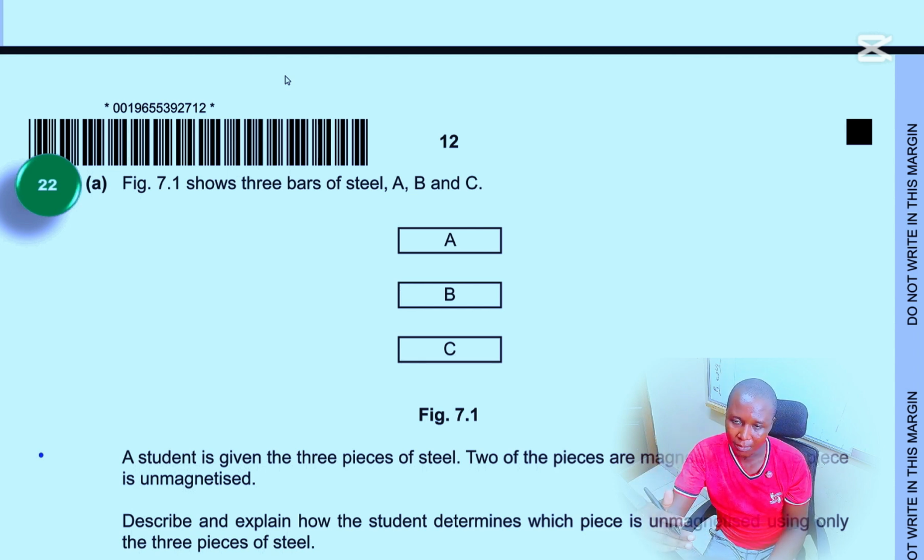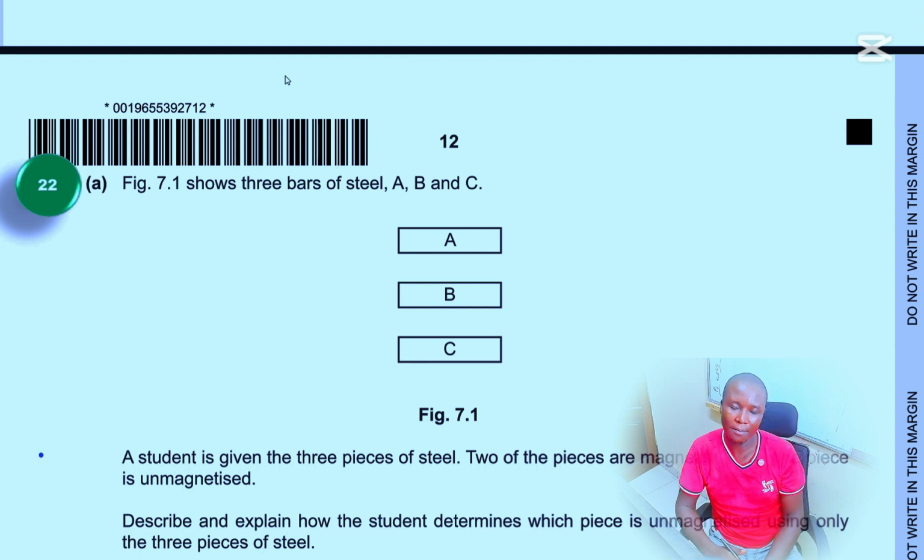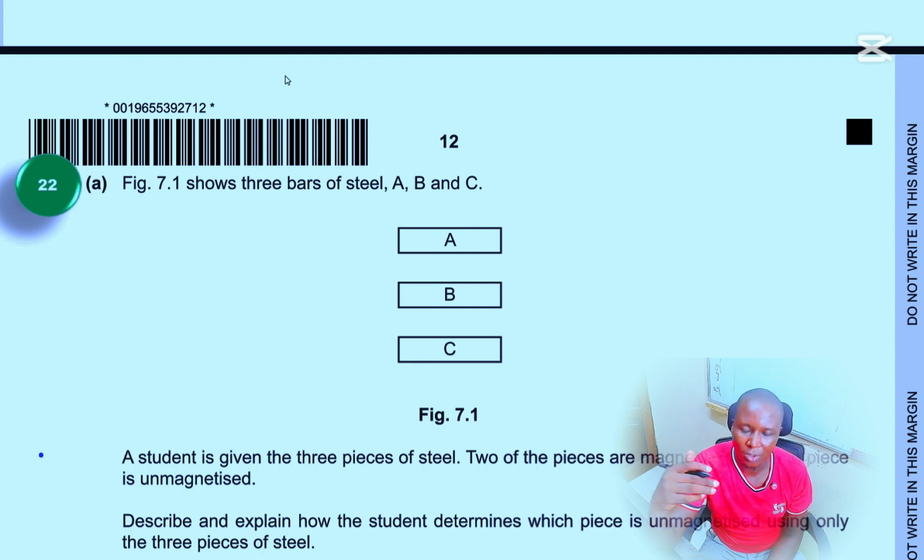You need to know how to define a hard magnetic material and a soft magnetic material. Hard magnetic materials are not easily magnetized, but once magnetized, they retain their magnetism for a long period of time, and they are used to produce permanent magnets.